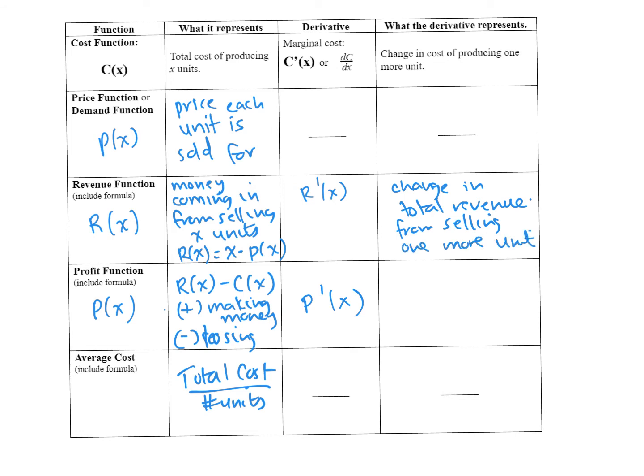And then P prime is the change in profit from selling one more unit. So that's just a summary of all the terms that we're going to be using.